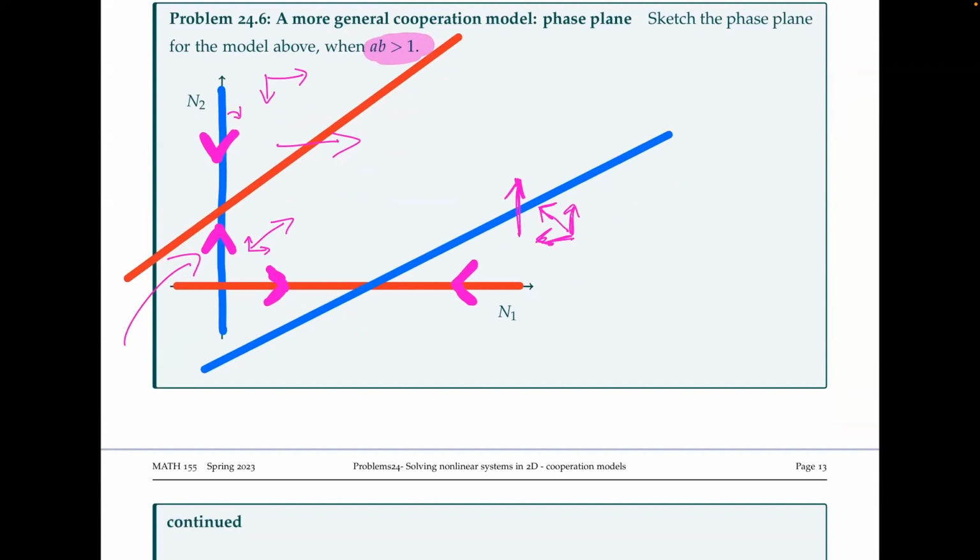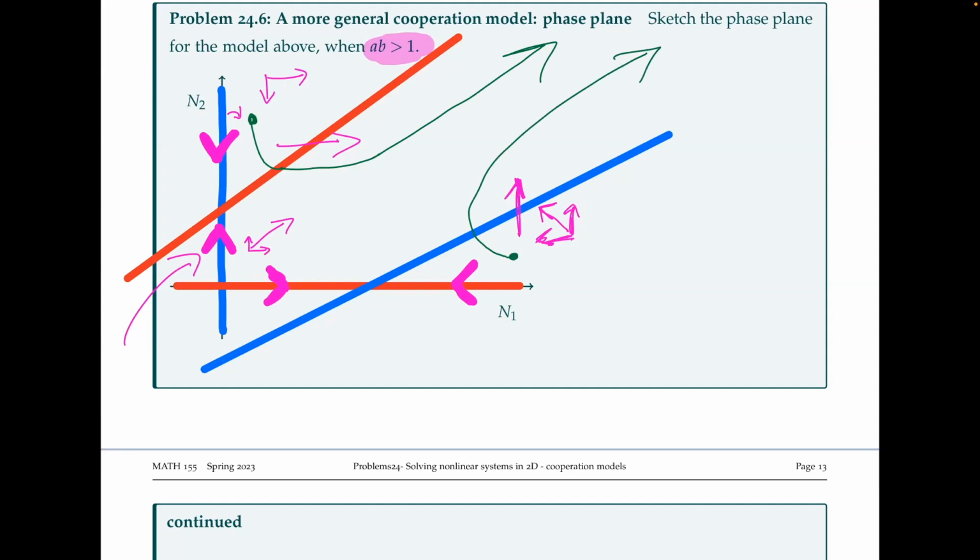If I start at any non-zero values for N1 and N2, suppose I start over here, I'm going to start by moving down and to the left, across the null line, horizontally going to the right, and then I'm moving up and to the right, and I just keep going in that direction. Likewise here, I'm moving up and to the left, and keep going off to infinity.